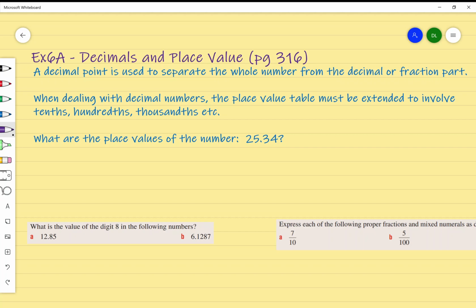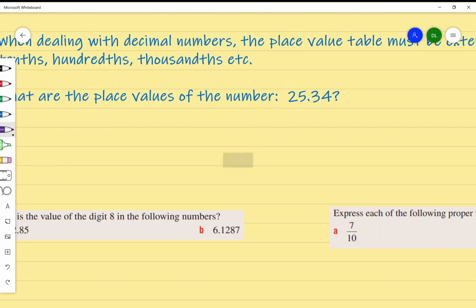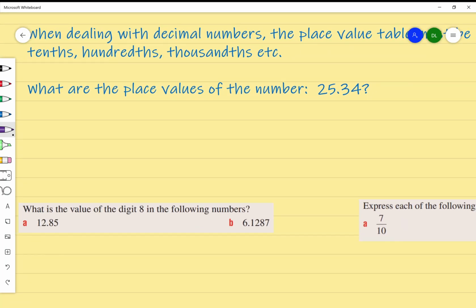Let's say I've got 25.34. The first digit has a position of what? It's in the tens, isn't it? So tens. What's the second digit got? Ones. Now, after the decimal place, what is the first one after the decimal place?